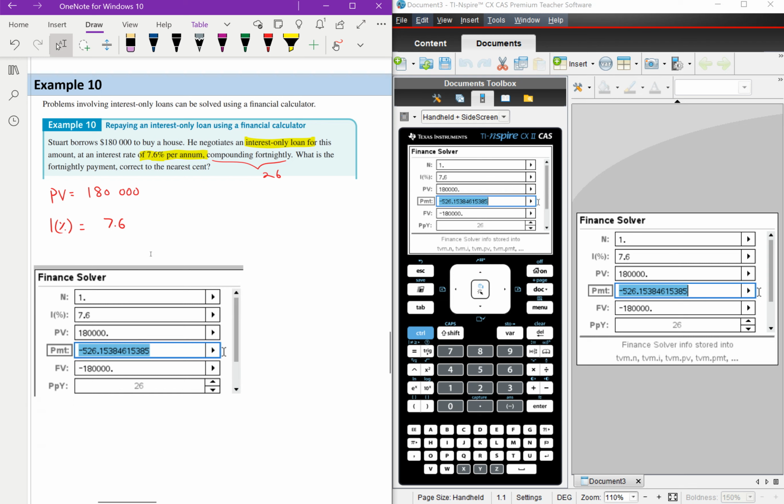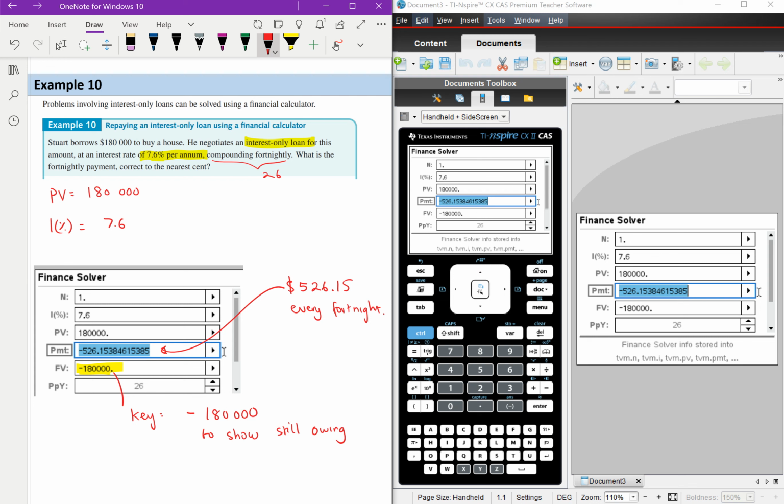This tells us, and this is key, negative 180,000 to show still owing. Therefore the payments tell me that I need to pay $526.15 every fortnight.